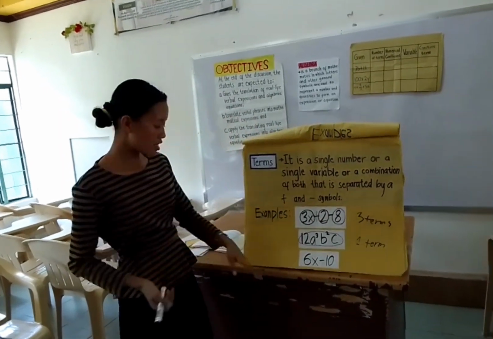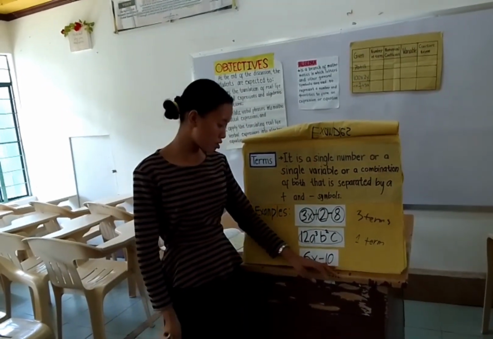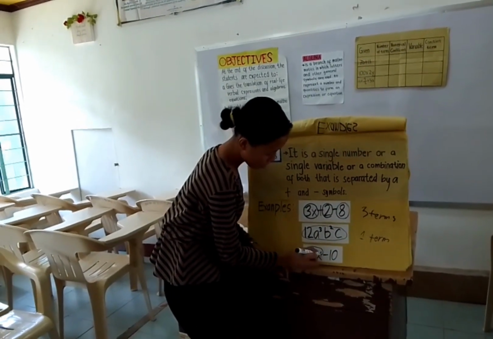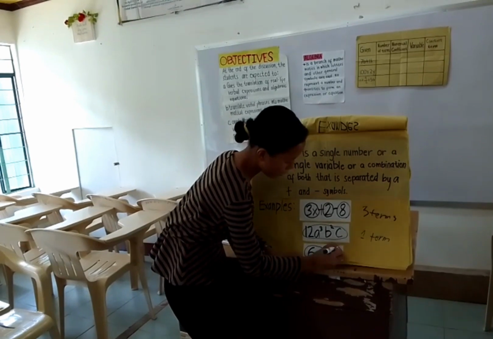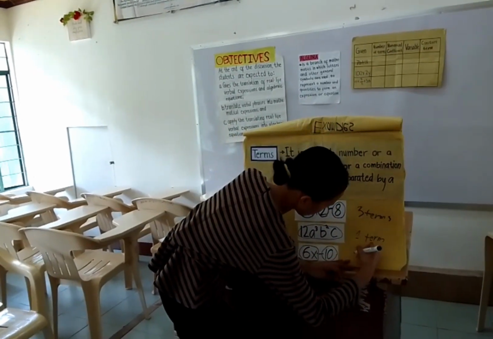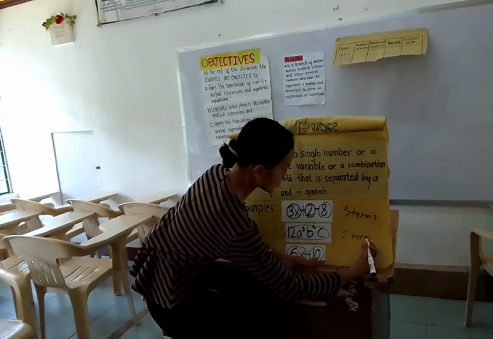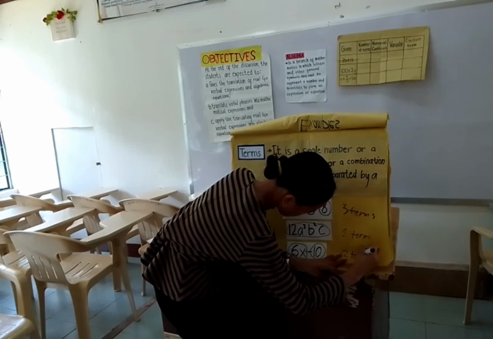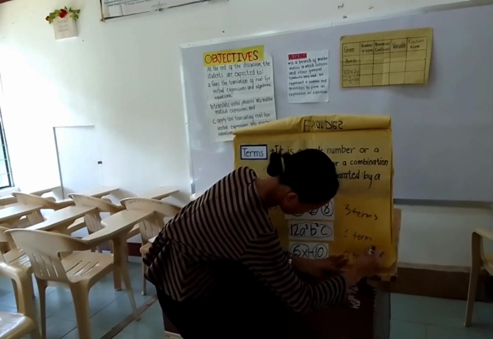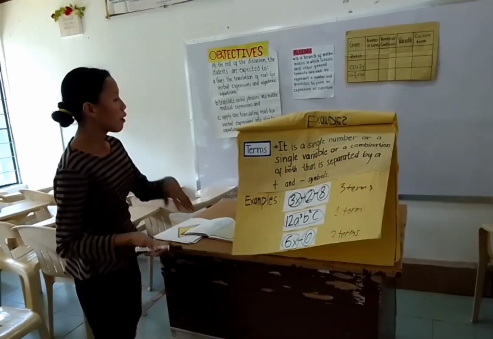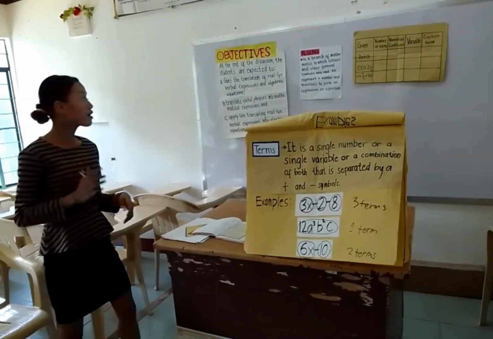Next example, 6x minus 10. So 6x is the first term and 10 is the second term. So we are going back to the table.